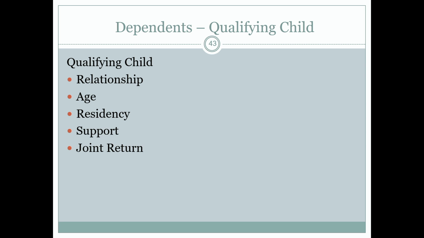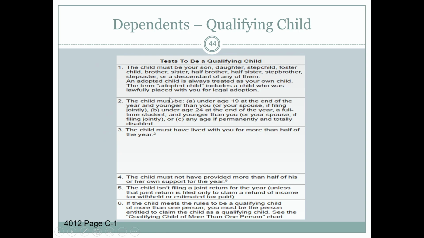The tests for the qualifying child are relationship, age, residency, support, and the joint return. This is a chart that's on page C1 of your 4012, and it breaks it down. Number 1 is the relationship test.